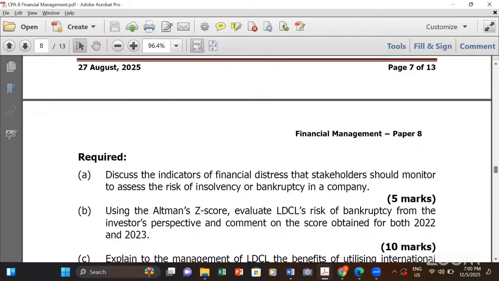When you see a question asking you about bankruptcy and it has ratios in it, they want you to use Altman's Z-score to analyze whether this company is going into bankruptcy or it is still a going concern.